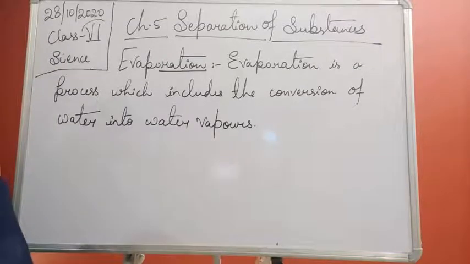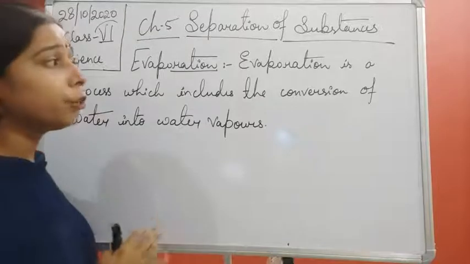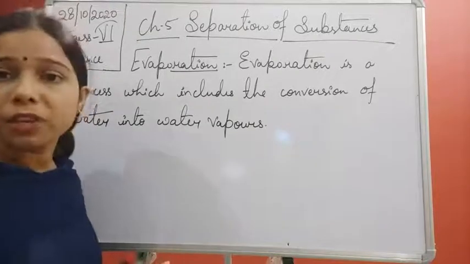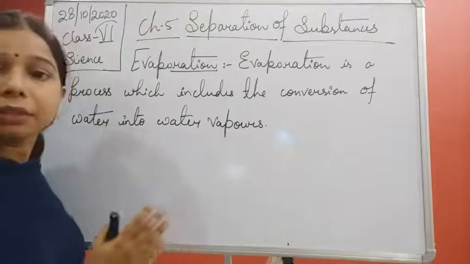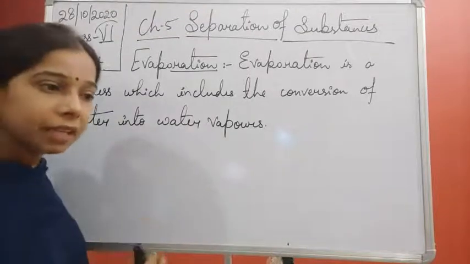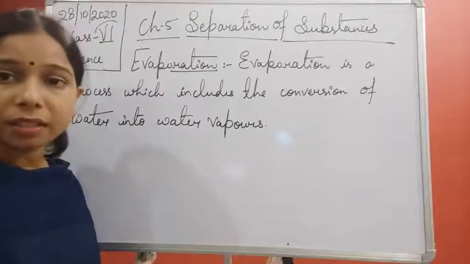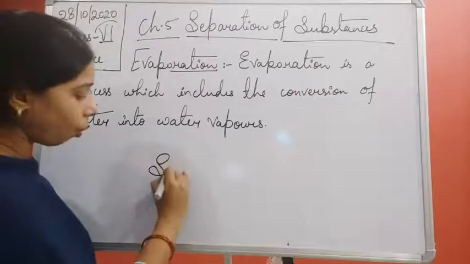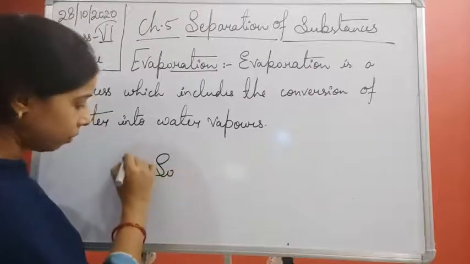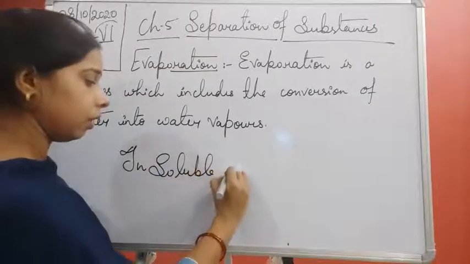Okay, students. So you see, why are we using the process of evaporation as a separating technique? Before that, when we were talking about filtration or the process of decantation, we saw that in both cases, there is an insoluble solid in a liquid.